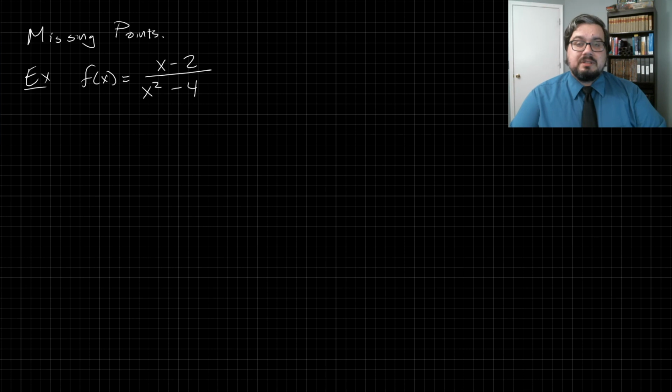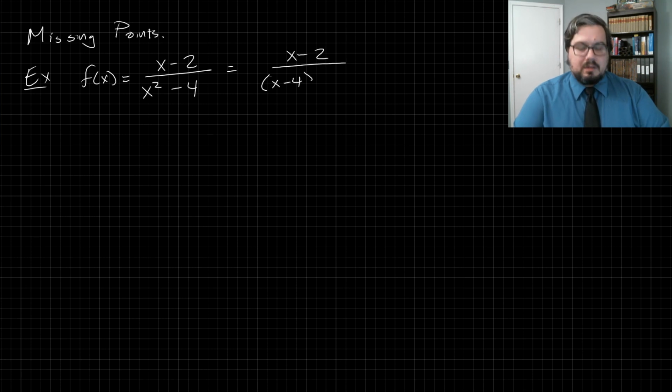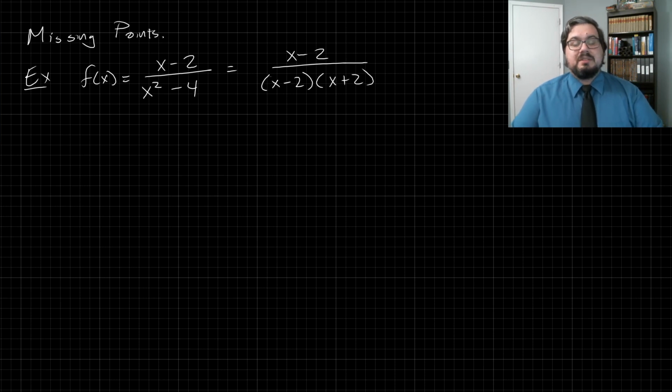Let's look at this function and say we want to try and graph it. Well, if we factor it, we get that the numerator is just x minus 2, nothing to do there, and the denominator is (x minus 2) times (x plus 2).